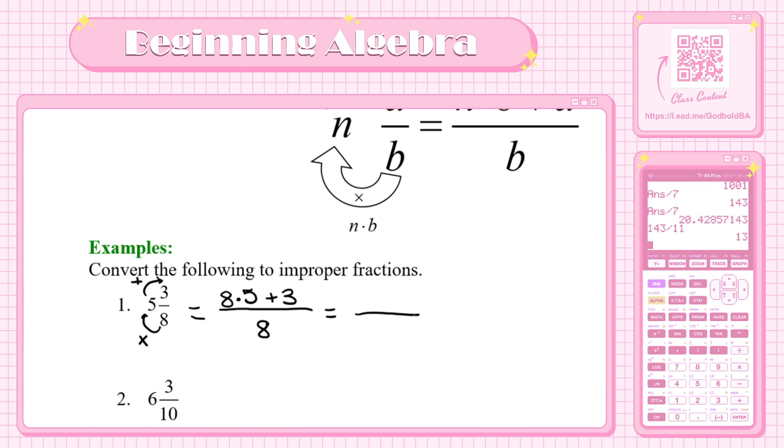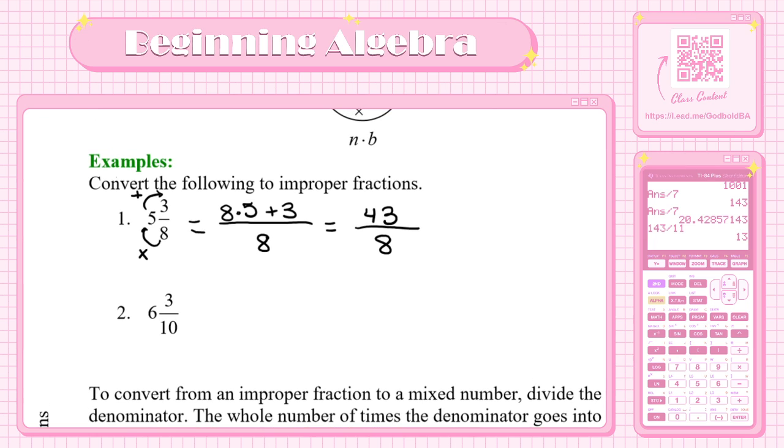The denominator, nothing ever changed with that. 8 times 5 is 40, plus 3 is 43. Maybe I should just do that extra step, I'll just leave it that way. So while 5 3/8 is easier to comprehend, 43/8 is going to be easier to do math on, and it just represents the same thing.